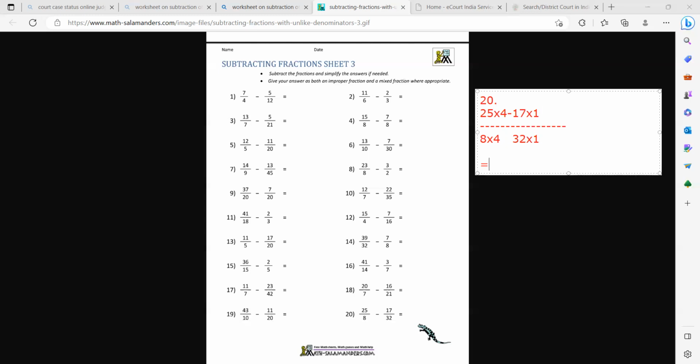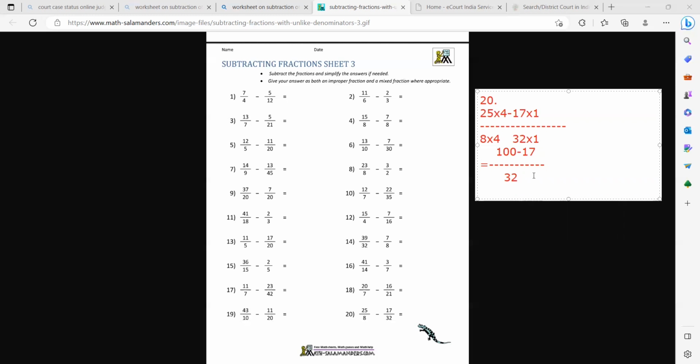The LCM is 32. And what is the numerator? The numerator is 25 into 4, that is 100, minus 17 into 1 is 17.